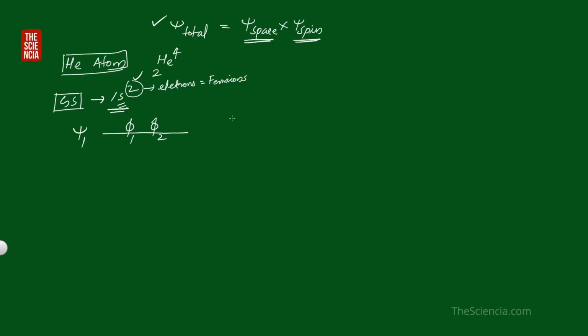Now first we are going to write the space part wave function. So this is a 1s state, right? So in psi 1s state, particle 1 is there, and in psi 1s state, particle 2 is also there. So both the particles are in the same 1s state. So this is the wave function, and this one is a symmetric wave function.